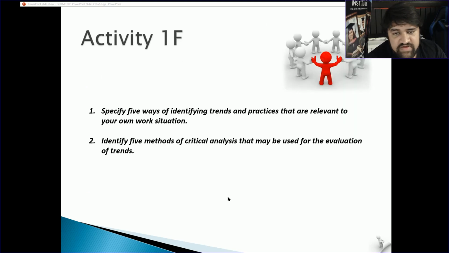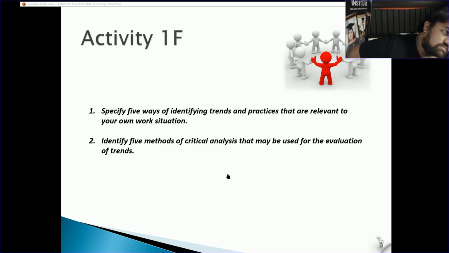All right, specify 5 ways of identifying trends and practices that are relevant to your own work situation. So we're thinking about using social media. We could be doing posts on websites, we could be doing AdWords, we could be listing our website on Google Ads and then connecting our customers through there.